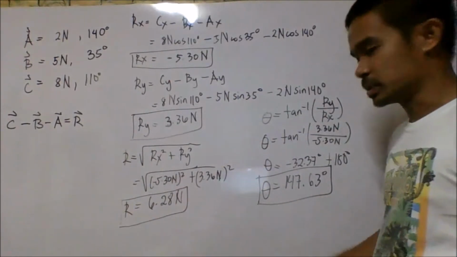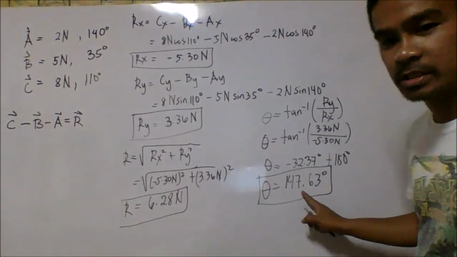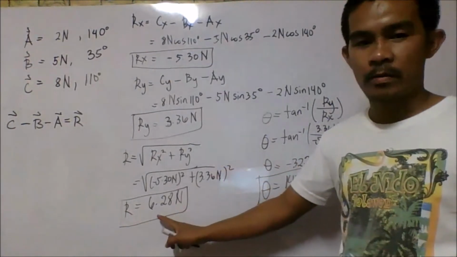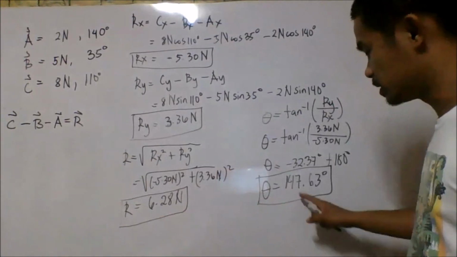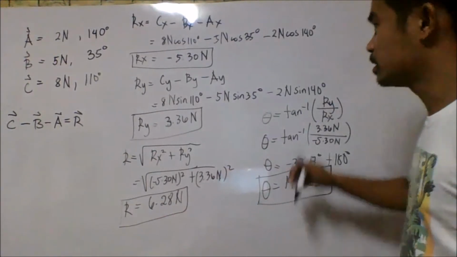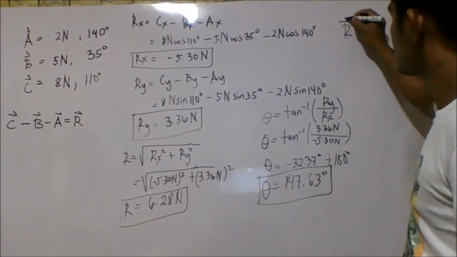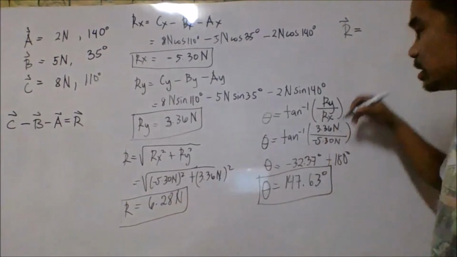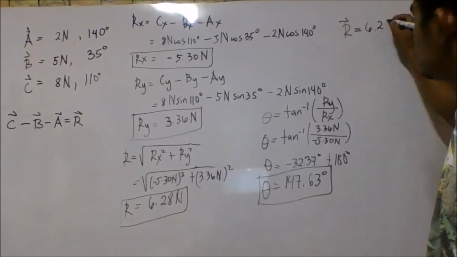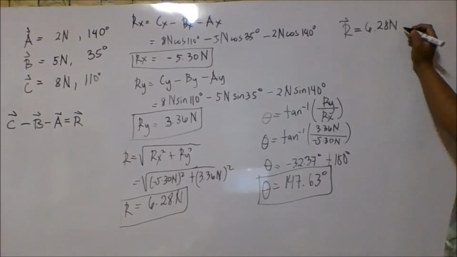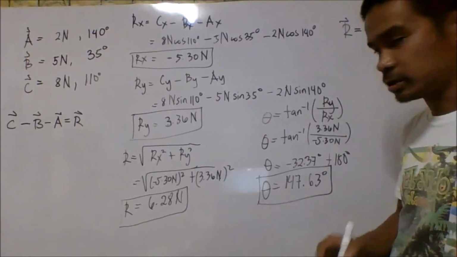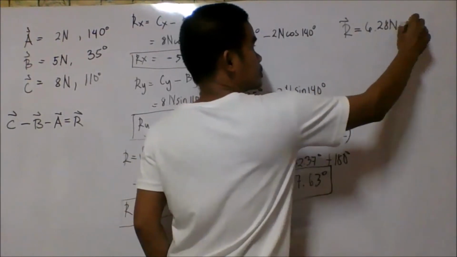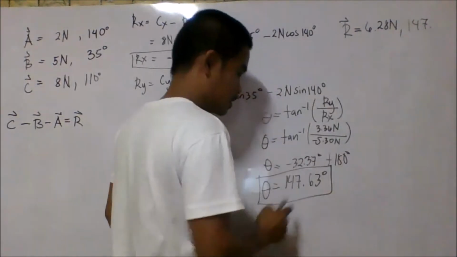Theta is equal to 147.63 degrees. So we have the magnitude as well as the direction. So vector R is equal to its magnitude, which is 6.28 Newton, comma, its direction, which is 147.63.